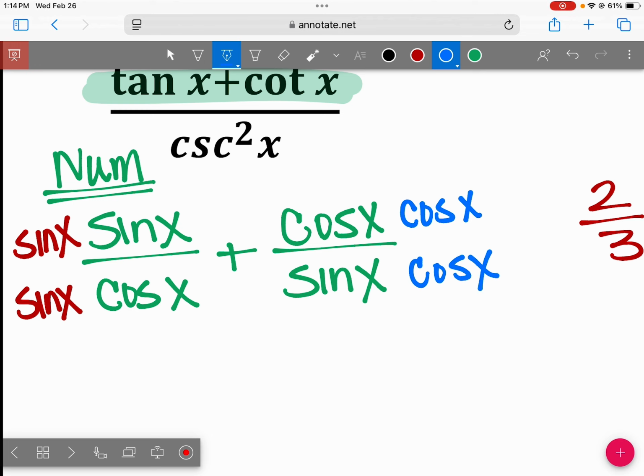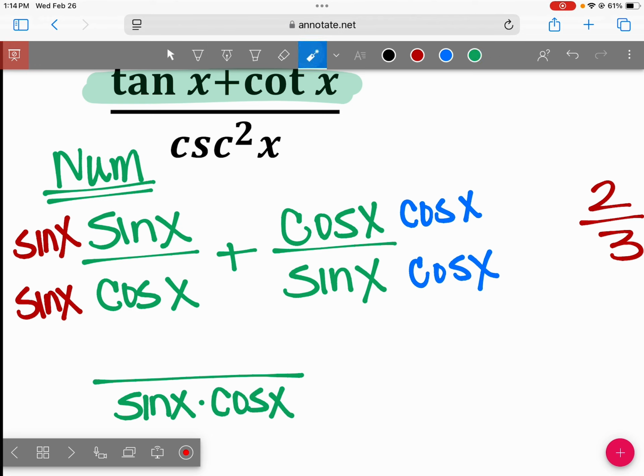So my denominator is just sine times cosine. Now let's go across the numerator. You have sine times sine. And what is sine times sine? Sine squared. Good. Plus cosine times cosine, which is what?